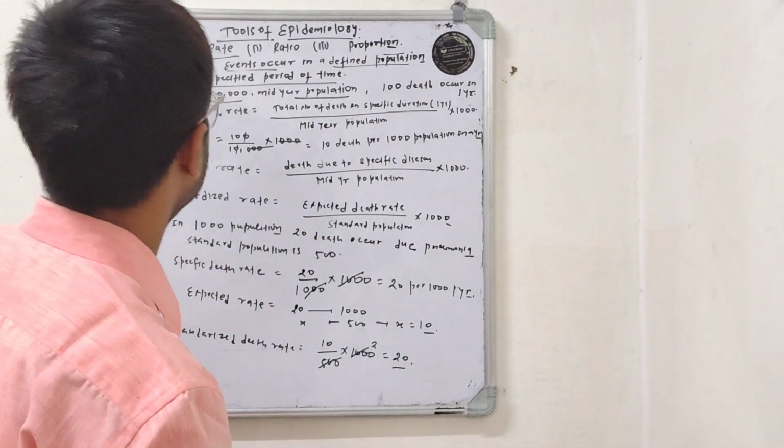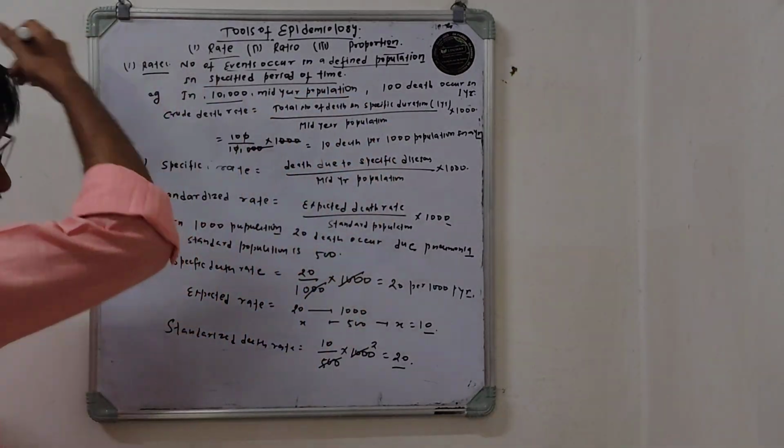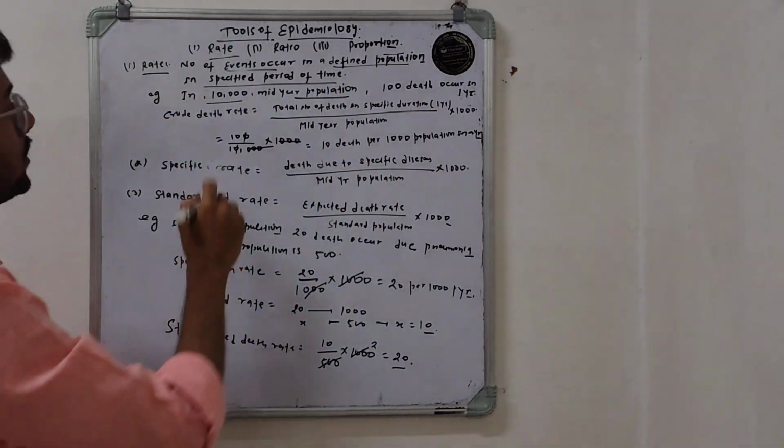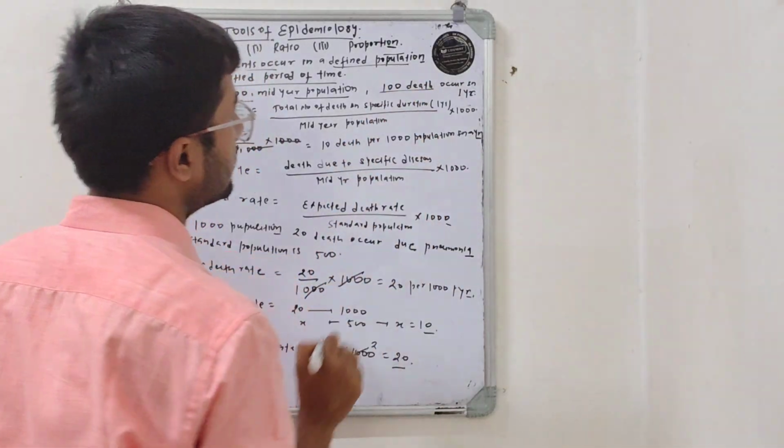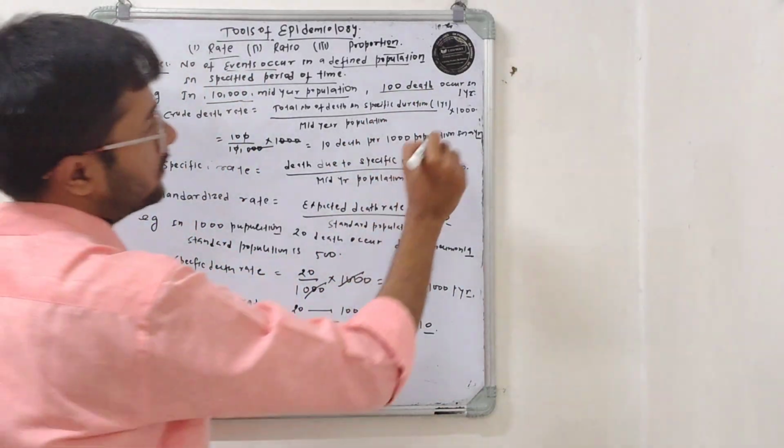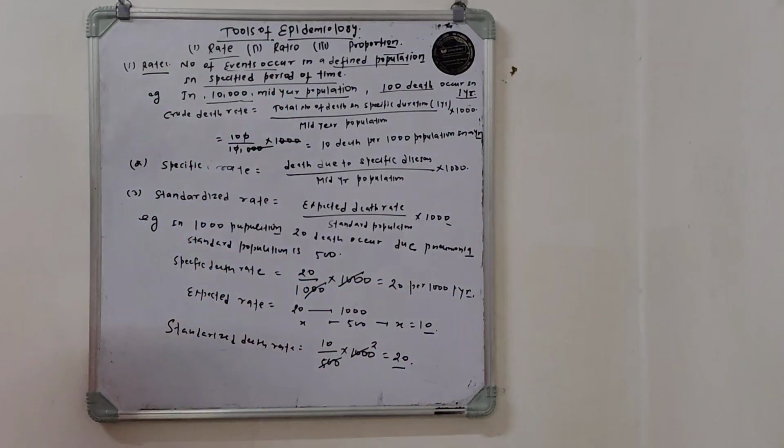So in this study, the mid-year population is 10,000 and 100 deaths occur in 1 year. Here 1 year is the specified duration of time.